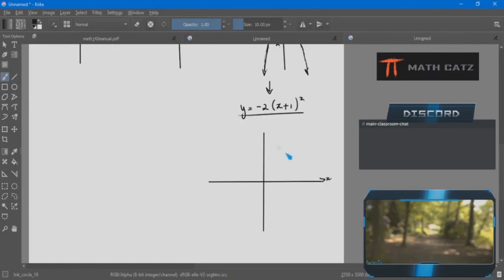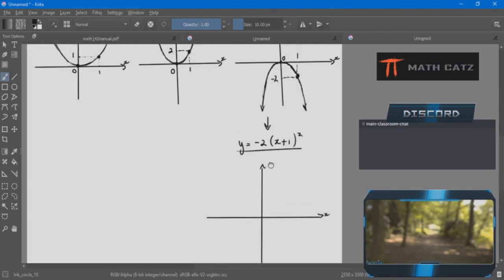I have this space so we can make them a little bigger. So now it's replacing x with x plus 1. So that means that it's a horizontal shift to which side? Who can tell me to which side it shifts horizontally? Left. Perfect. How you remember it?